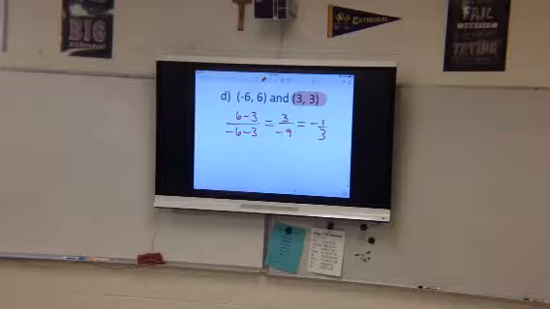So now point slope. Take a second. Write down point slope with 3, 3, and then we'll see if you got it right.